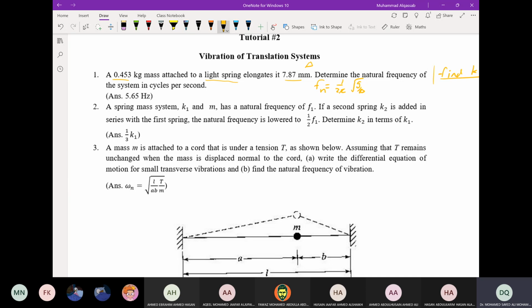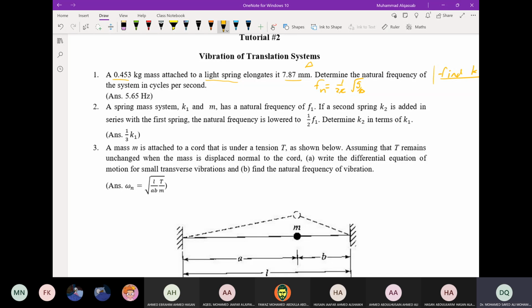Question number 2: a spring mass system K1 and M has a natural frequency of F1. If a second spring K2 is added in series with the first spring, the natural frequency is lowered to half of F1. Determine K2 in terms of K1.